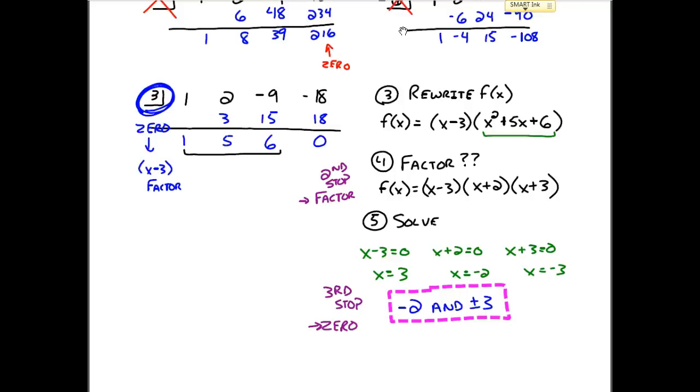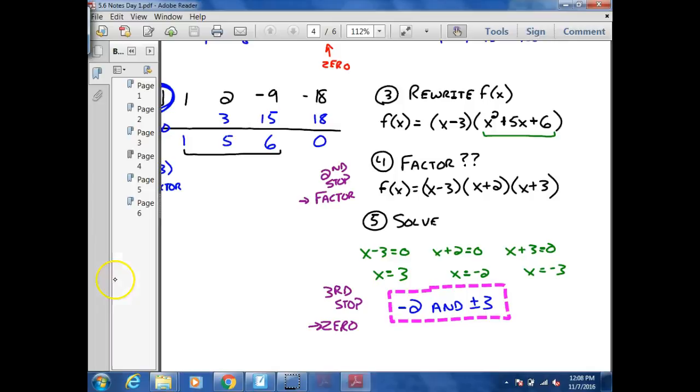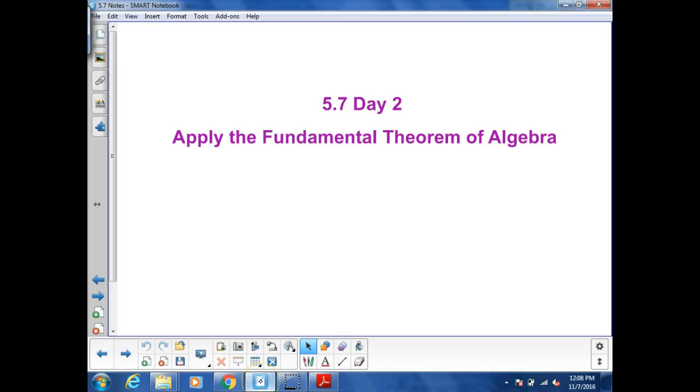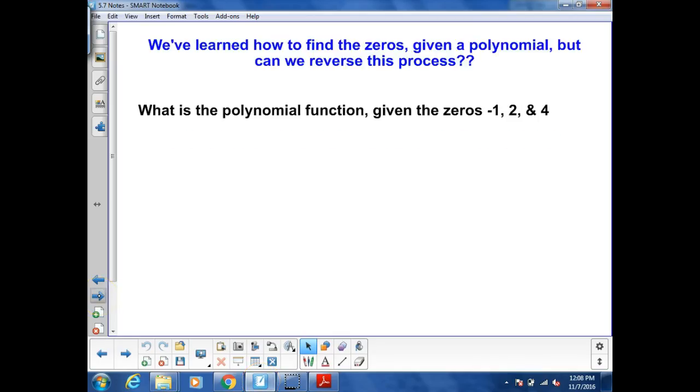Okay? Today what's going to happen is I'm going to give you the zeros of the function. And I want you to work backwards to get me the polynomial of the function. Okay?